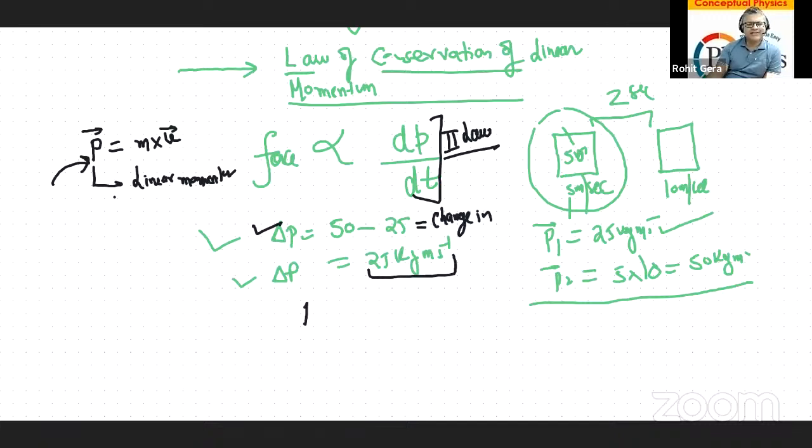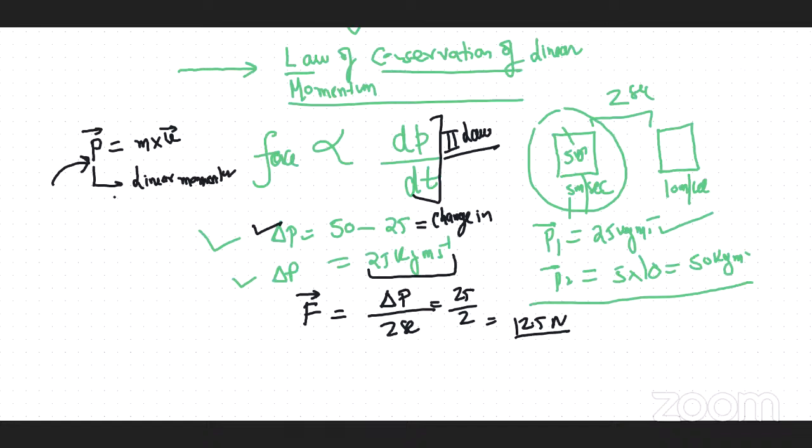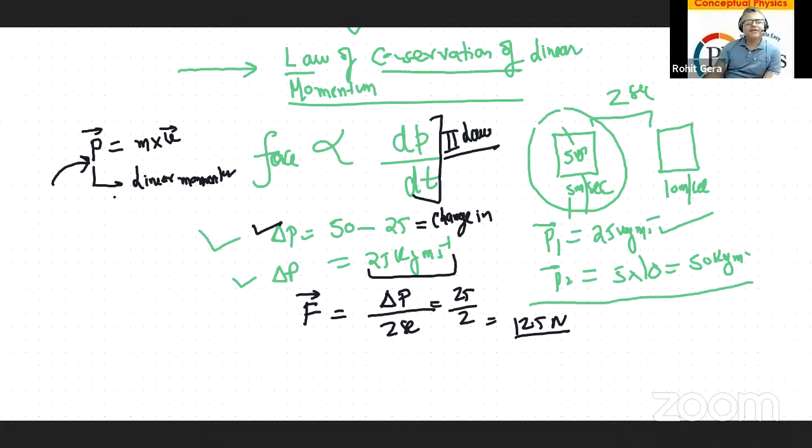Change of momentum divided by the 2 seconds, 25 by 2 is equal to 12.5 newtons. Okay. Great, sir. Right. But what if dp comes out to be 0? There is no change in the momentum, which means the force will be equal to 0.